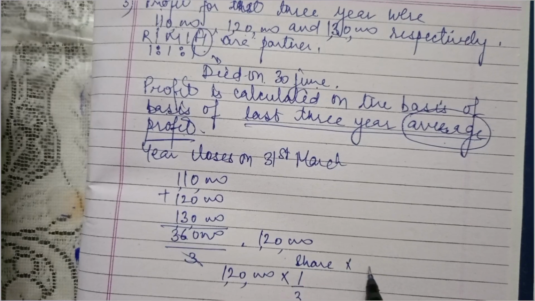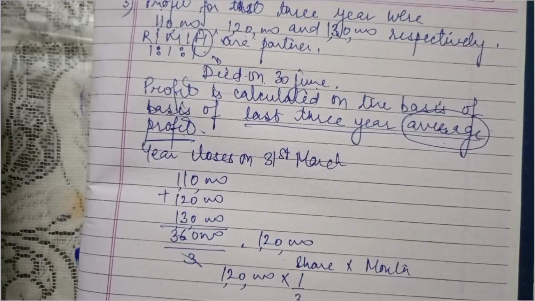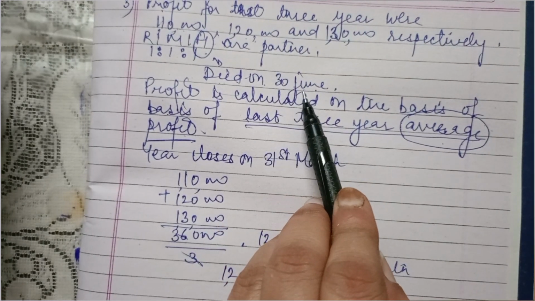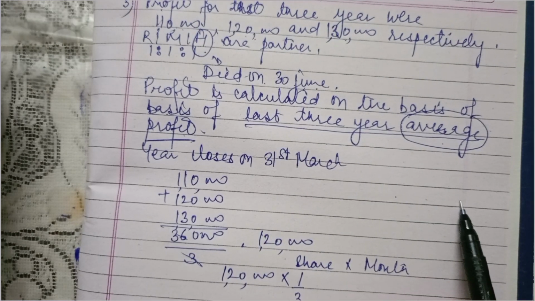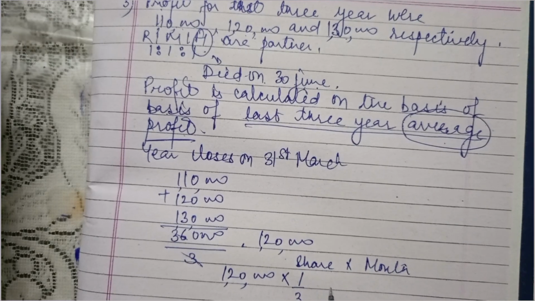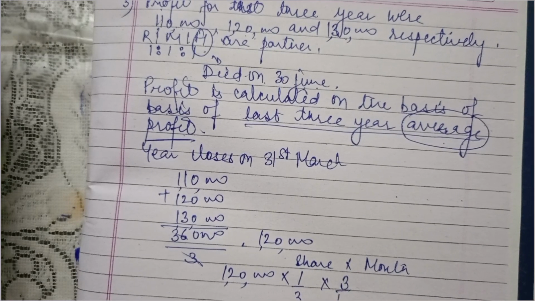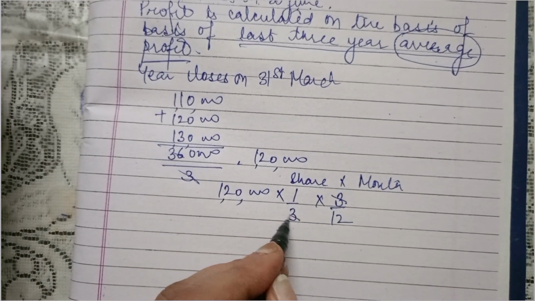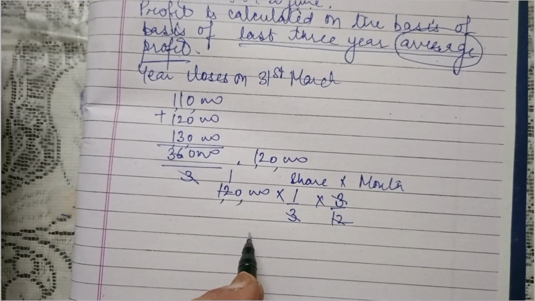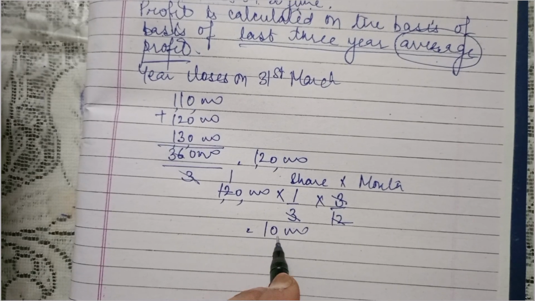Share into months he was alive. He died on 30th June, so 1st April, 1st May and 1st June, that means he was alive for 3 months. Now you can calculate his share of profit, that is 10,000.